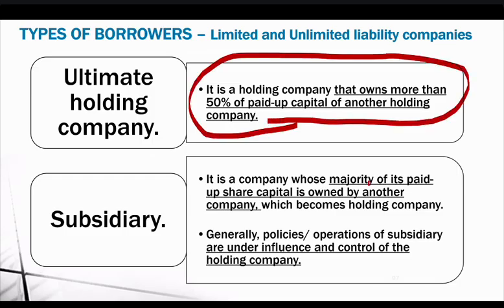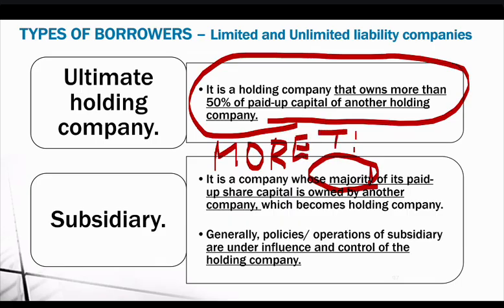And I want you to circle this word majority. Majority for subsidiary is more than 50%. Write that down. Subsidiary, the parent owns more than 50% of share capital.